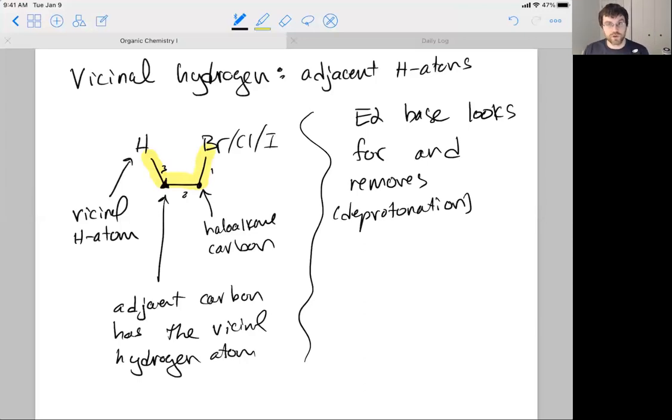You've removed a proton, which is just an H plus equivalent, right? We don't take the electrons, we just take the nucleus, which is just the proton, so it's deprotonation. So the E2 base looks for and removes, by deprotonation, the vicinal hydrogen atoms.